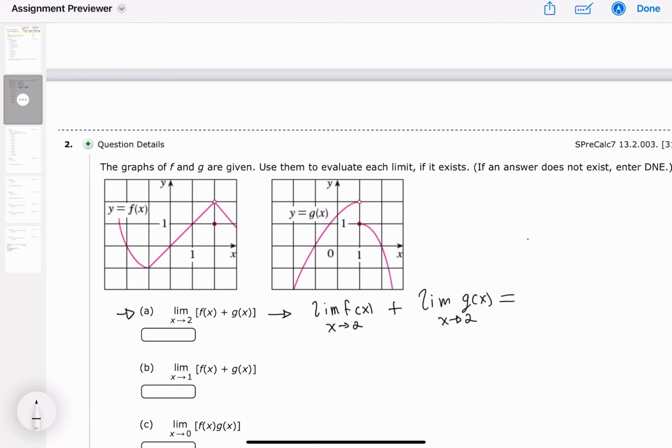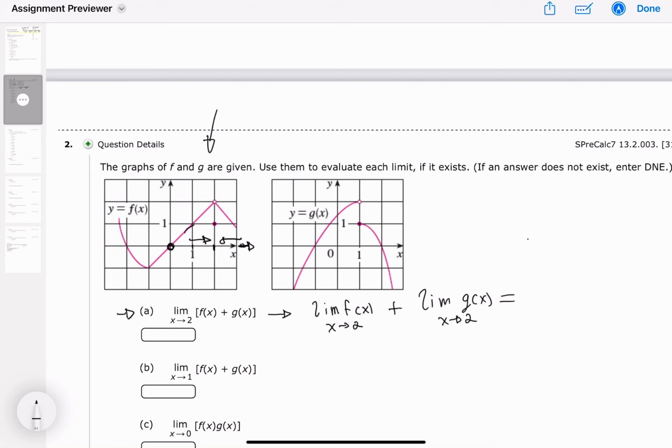The first limit, the limit of my function f of x here, when x approaches 2. Okay, here's my x-axis. Here's the number 0, here's the number 1, and here's the number 2. Please note what will happen to my y coordinate as I am approaching number 2, either from the left or from the right.